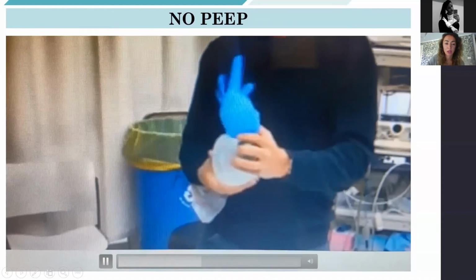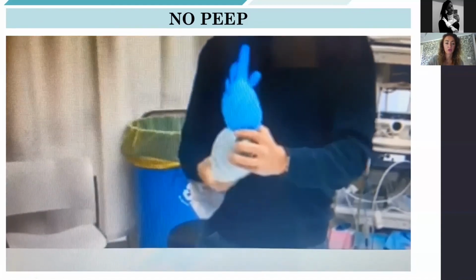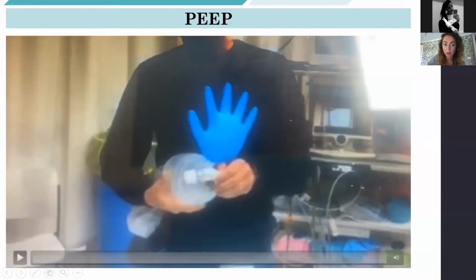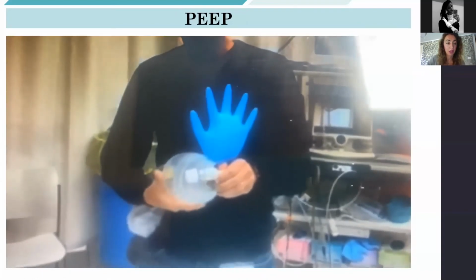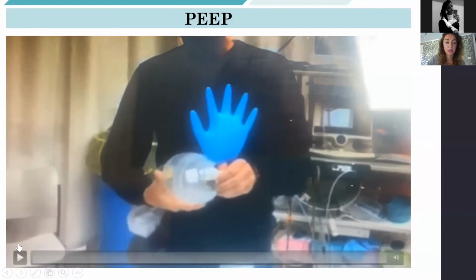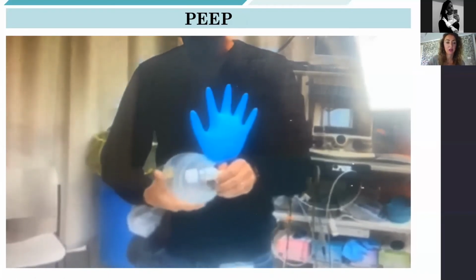So that means that in every next breath, we should use bigger force to achieve the tidal volume. Next one, if we apply some PEEP, we can have tidal volume, but the gloves or the lungs will never fully collapse. And that's how it will be easy to trigger every next tidal volume ventilation.